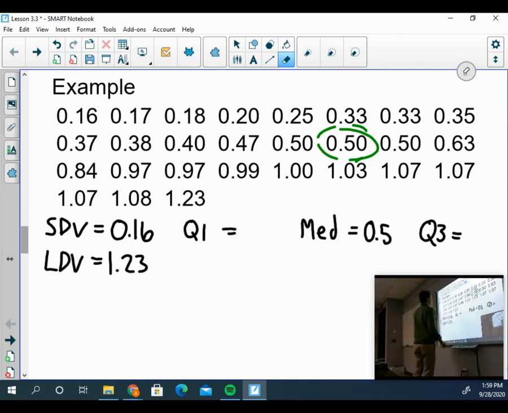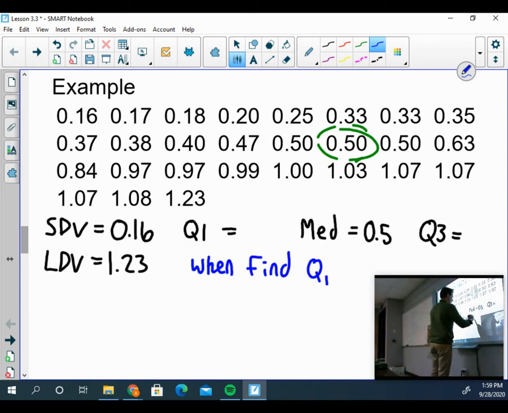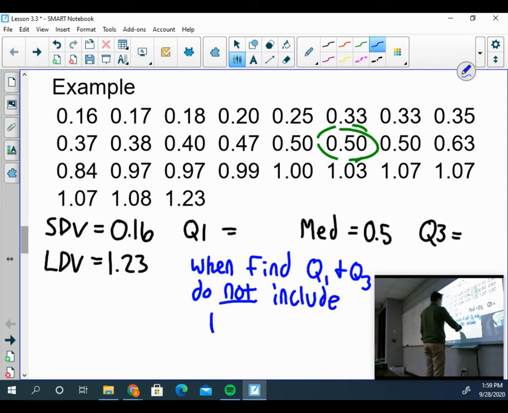I mean I'm going to find the median again, but I'm going to pretend that 0.5 is the end of my data when finding Q1, or the beginning of my data when I'm finding Q3. But the key here, and I want you to write this down, when we are finding our quartiles, do not include the median in your counting or crossing off. Do not include the median.